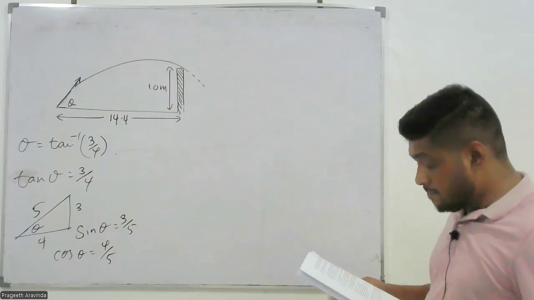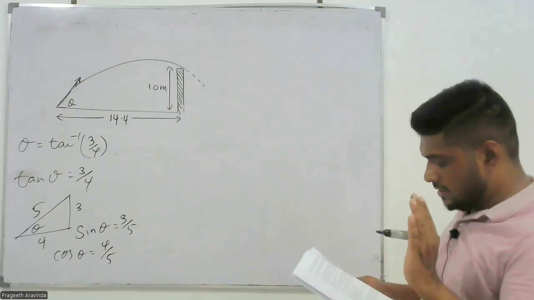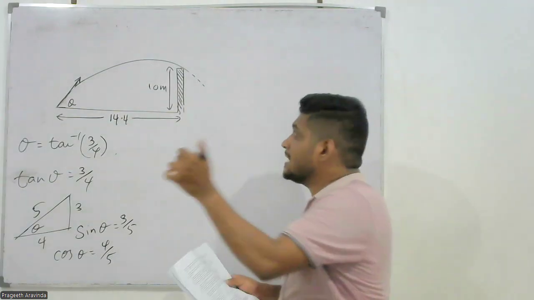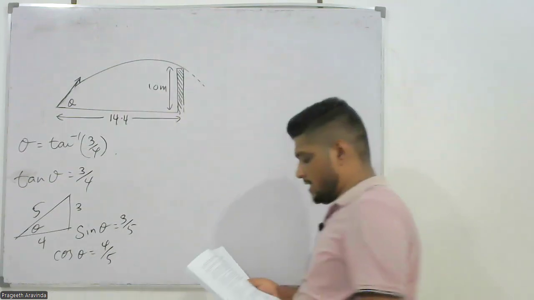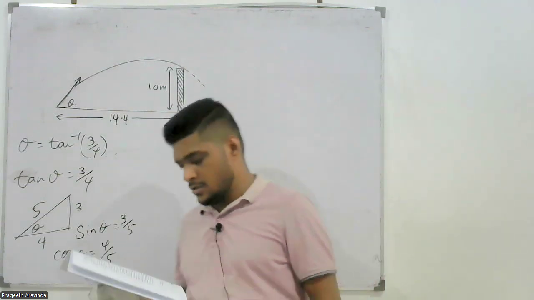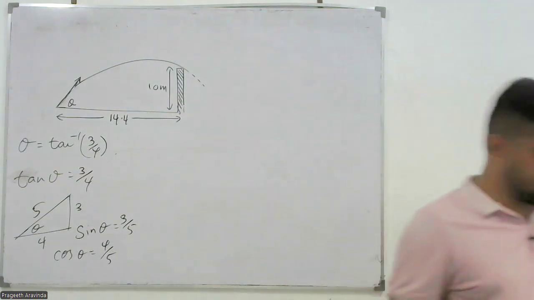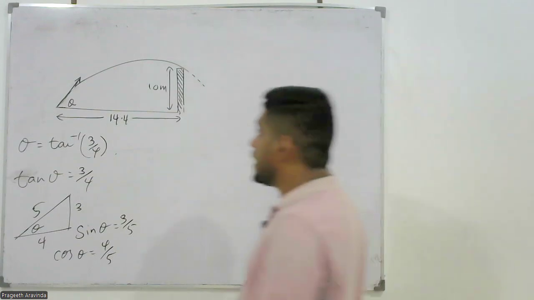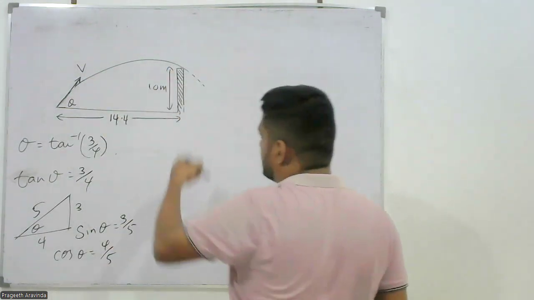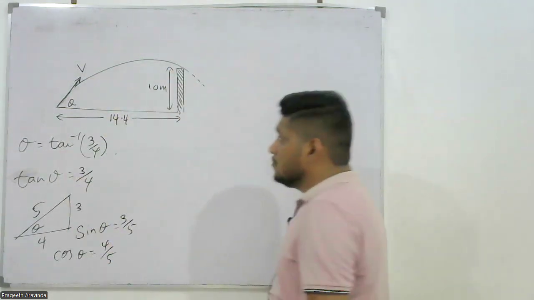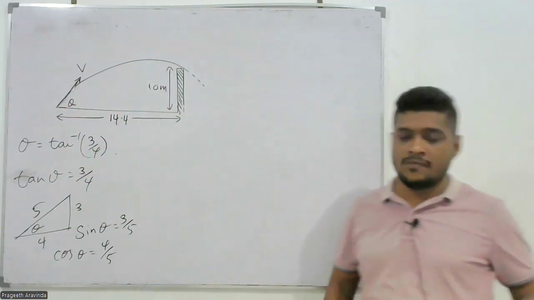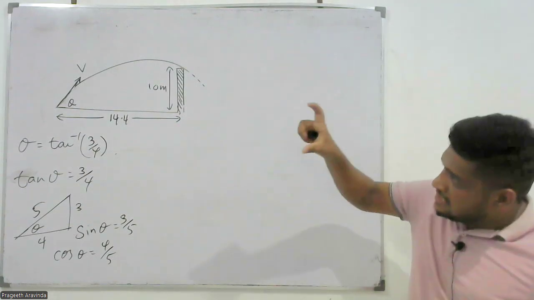Now this much of angle with the horizontal just passes a wall of 10 meters height, situated at 14.4. Find the velocity of projectile. It is projected to just pass the wall, which means when this object horizontally moves 14.4, it has risen just 10 meters.